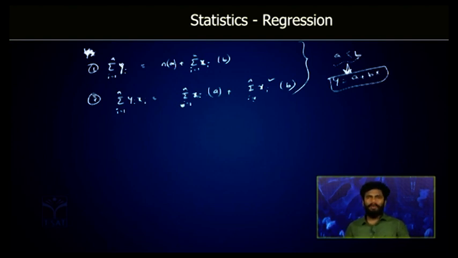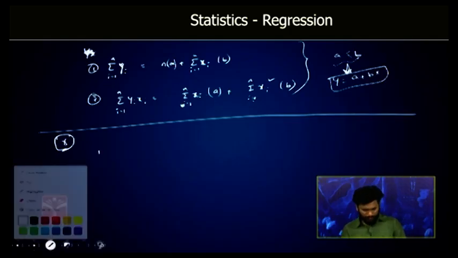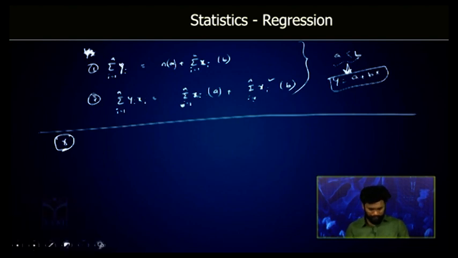This is how we go mathematically. There is one more way to find the regression lines, using our correlation coefficient r. Here we have two regression lines.